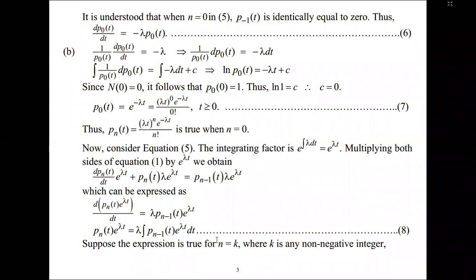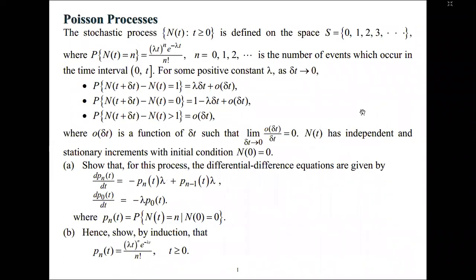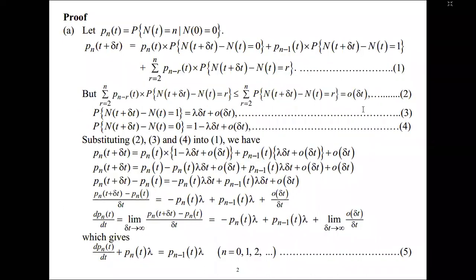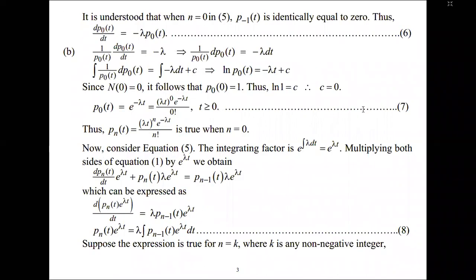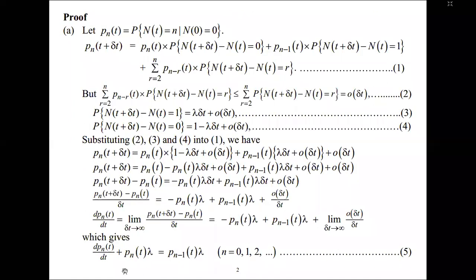It is understood that when n is equal to 0 in equation 5, wherever you see n, you put 0.